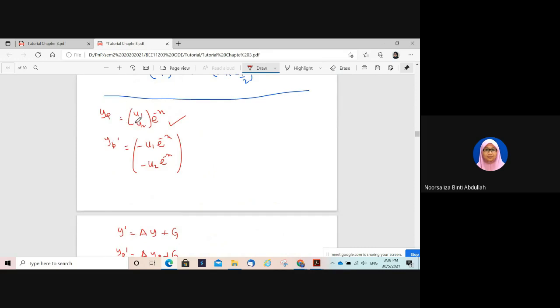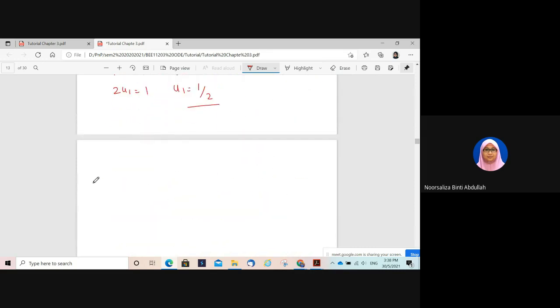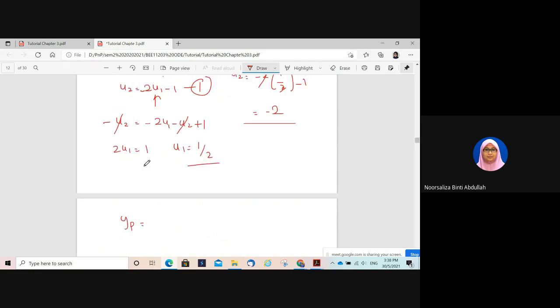This YP. So YP awak sama juga dengan YP equals to U1 1 over 2, U2 minus 2, exponent minus X.